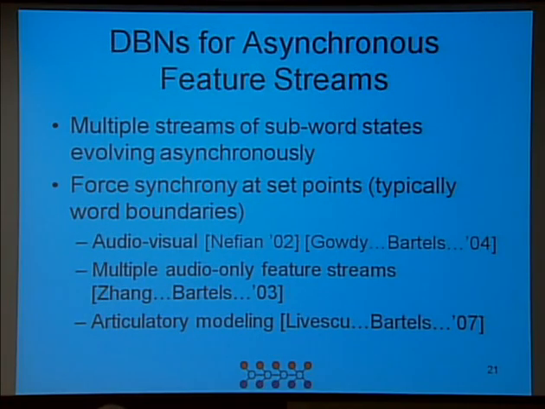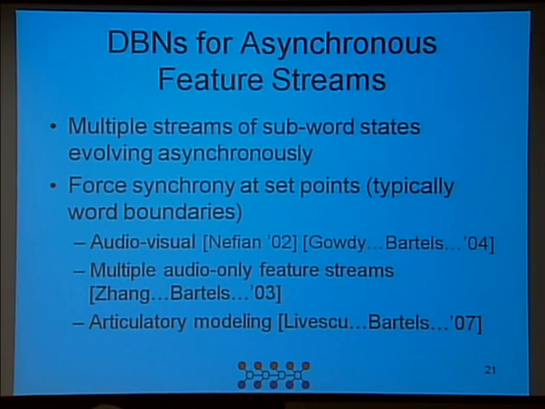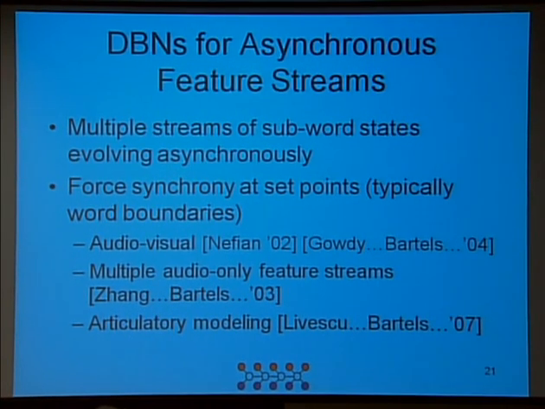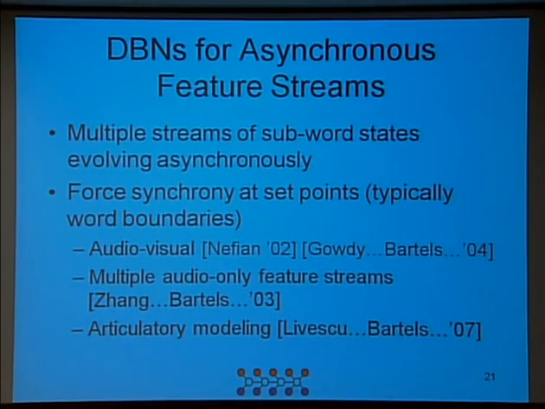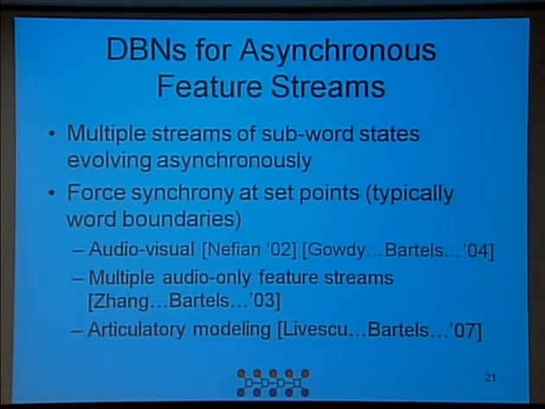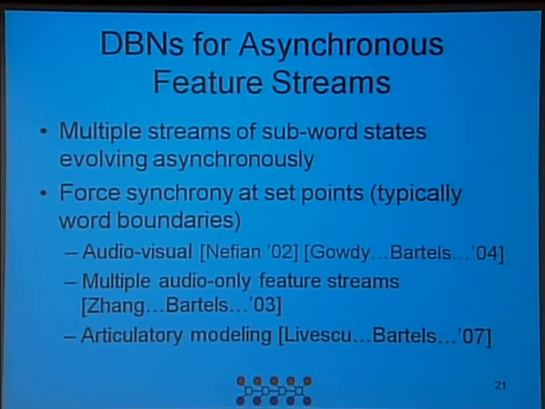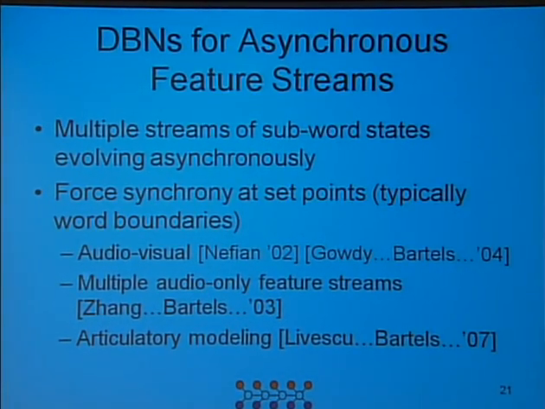Okay, so some of the work I've done in the past used DBNs for modeling asynchronous streams. So the idea is you have multiple streams of subword states. For example, in audiovisual recognition, you have one state corresponding to phones seen from the audio data. Then you have another set of phones that are derived from video features.